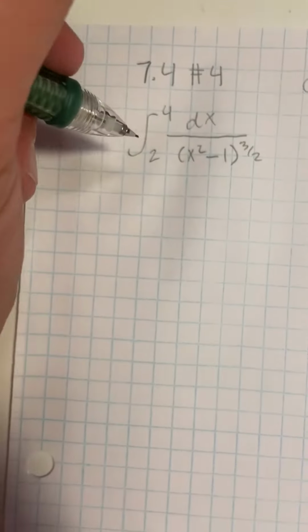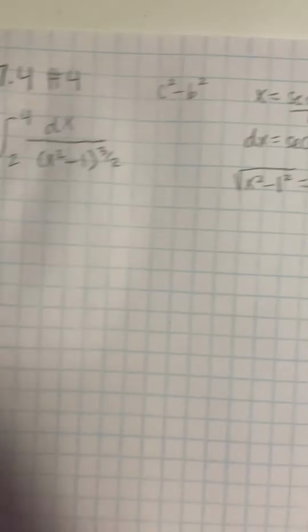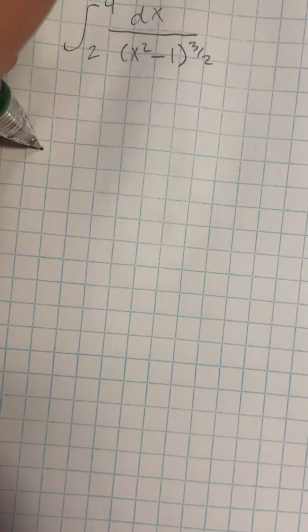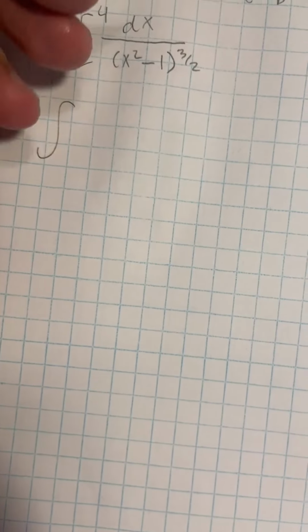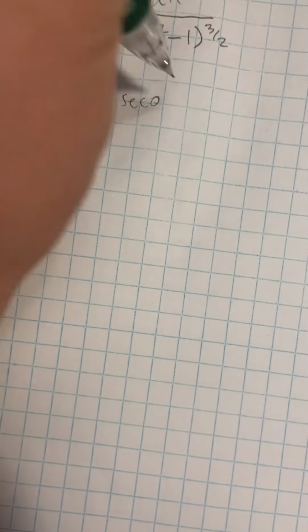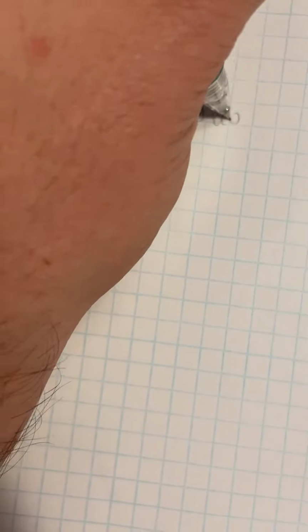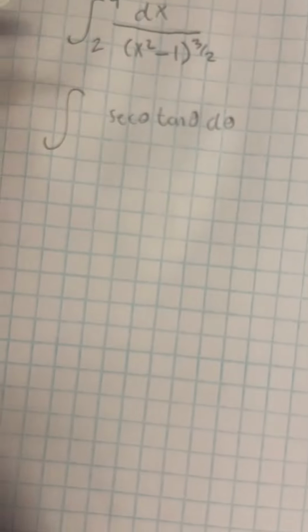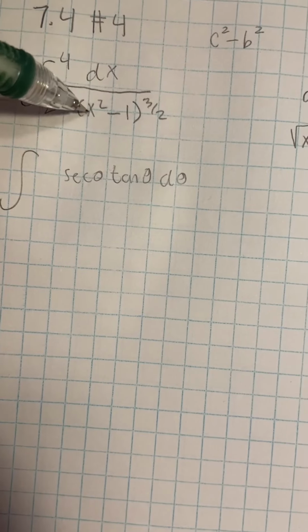So we'll go ahead and rewrite this using these new values. We got dx, we know, is equal to secant theta times the tangent of theta d theta. And we have the (x squared minus 1) to the 3/2.